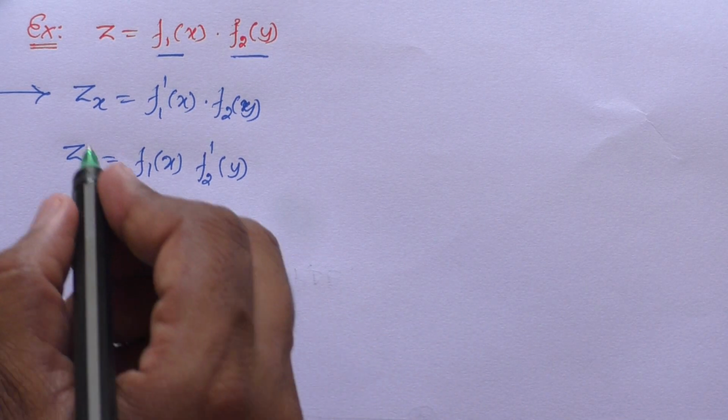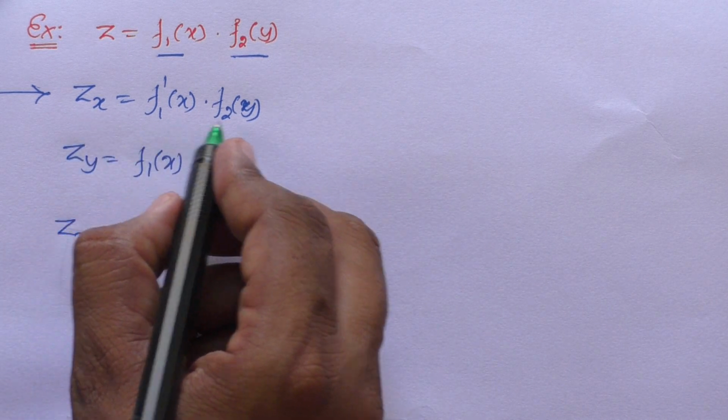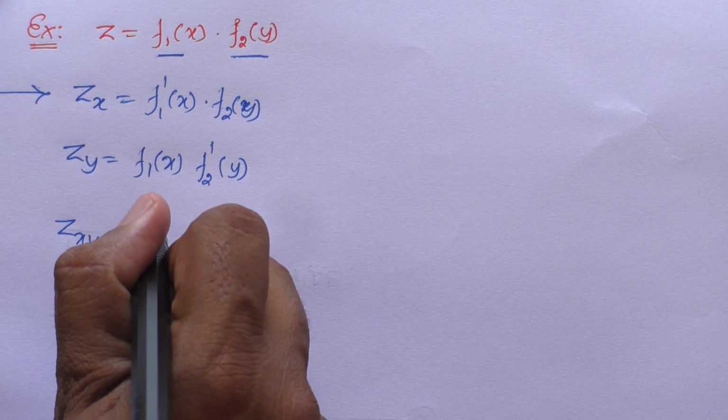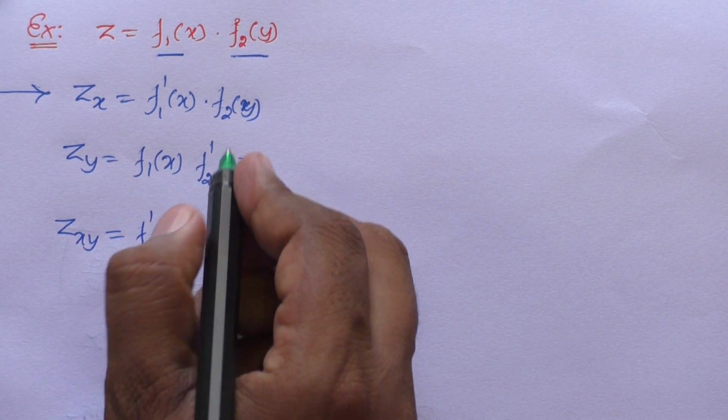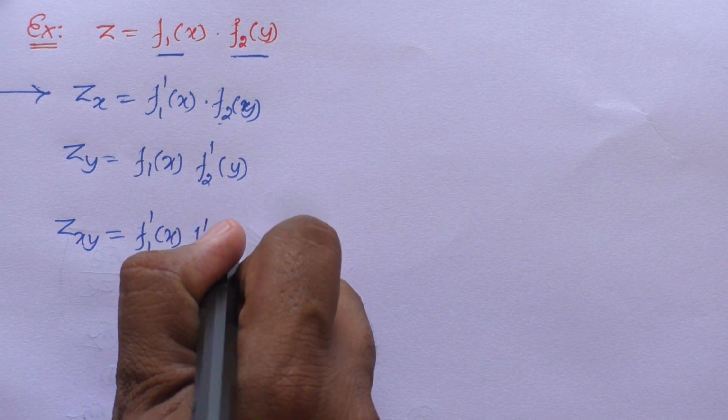So now zxy, differentiate zx with respect to y, so zx is this, so f1 dash x, f2 y differentiation f2 dash y.